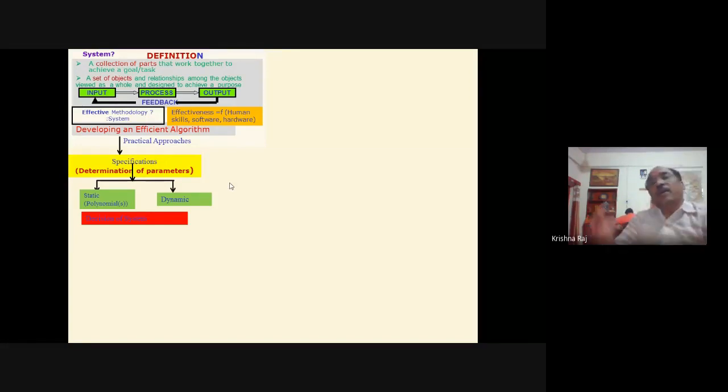Then how these words will be arranged to make a sentence. Then how these sentences will be arranged to make a page, and how the pages will be arranged to make a lesson, and how the lessons will be organized to make a book, and so on.